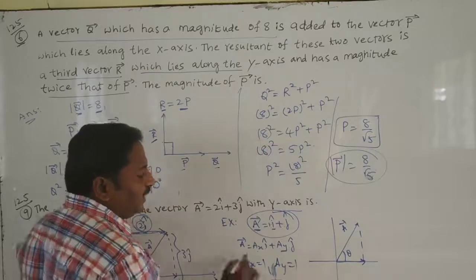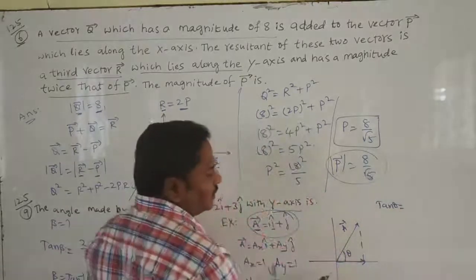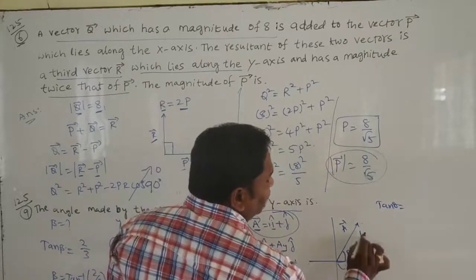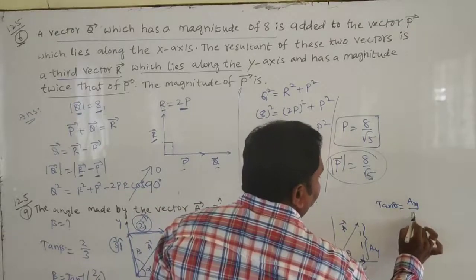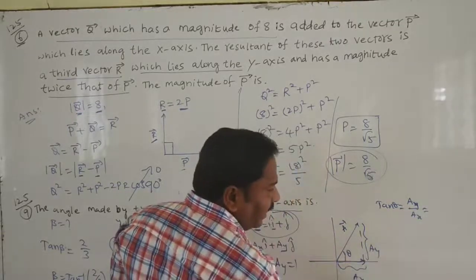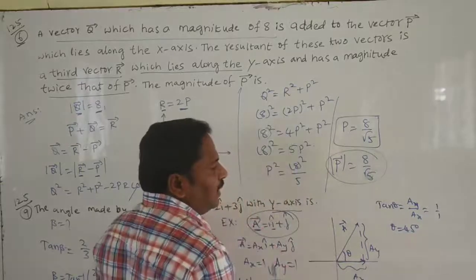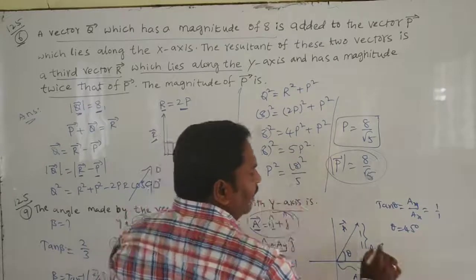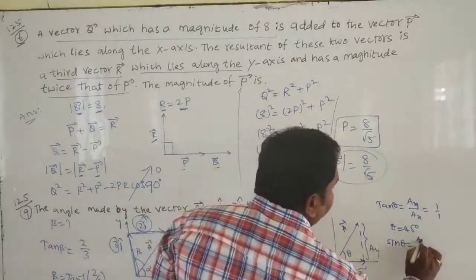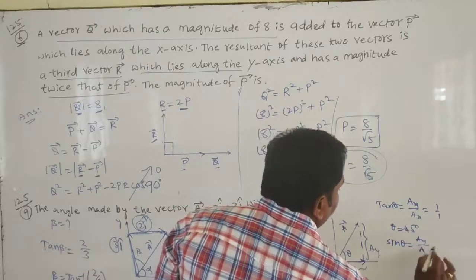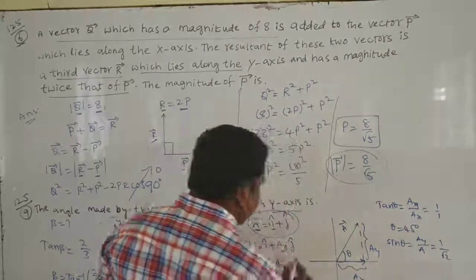So now we can find tan theta equals ay by ax, opposite side by adjacent, 1 by 1, so theta equals 45 degrees. We can find it another way also: sin theta equals opposite side by hypotenuse. Opposite side is 1 and the magnitude is root 2.